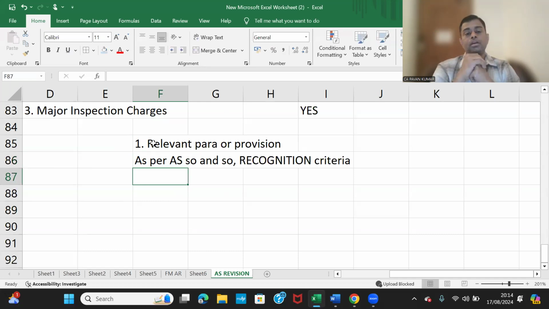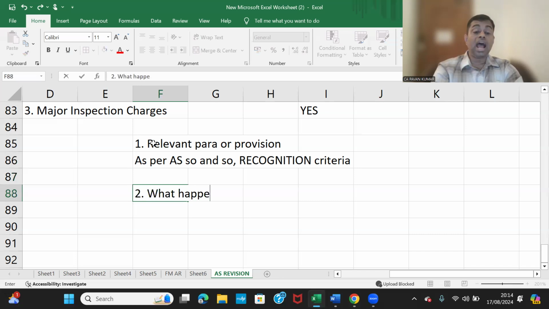You need to write as per accounting standard 10. In the suggested solutions, the previous year examination questions or RTPs, they will scare you by saying, according to paragraph 46 of accounting standard 10. You don't need to write that. No need to learn paragraph numbers by heart. In law, probably some important sections you'll have to memorize, but in accounting standards, paragraphs need not be memorized. So you don't need to write according to paragraph so and so. Just write, as per accounting standard 10, the recognition criteria is so and so. So you'll write this as step one.